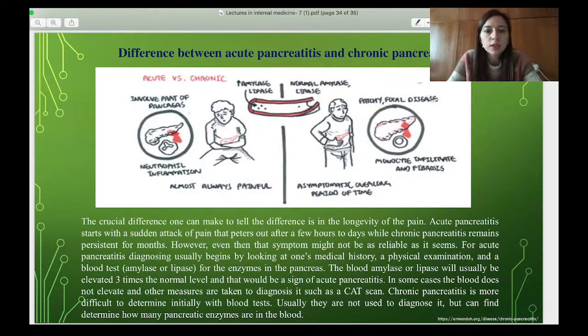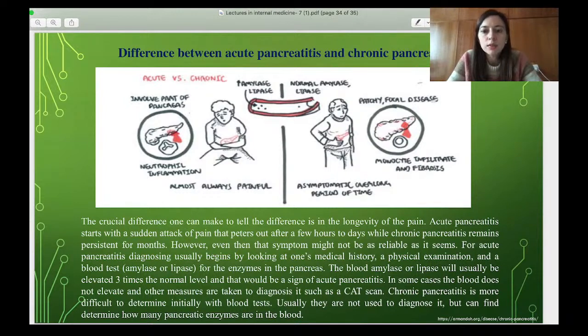For acute pancreatitis, diagnosis usually begins by looking at the medical history and physical examination and a blood test for enzymes of the pancreas. The blood amylase or lipase will usually be elevated to 3 times the normal level, and that would be a sign of acute pancreatitis.